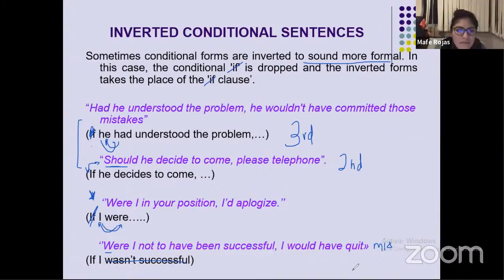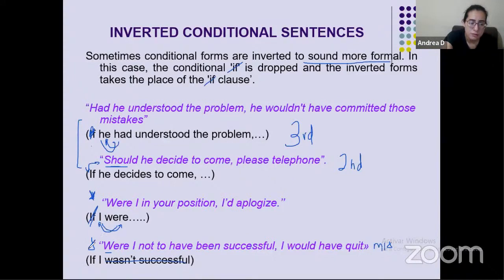Not if I haven't, because hasn't is for third person. If I hadn't. But this is not common either. So honestly, I wouldn't use it that much. I think these two are the most common ones.